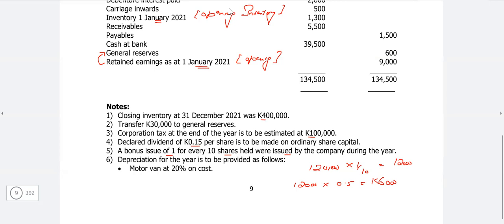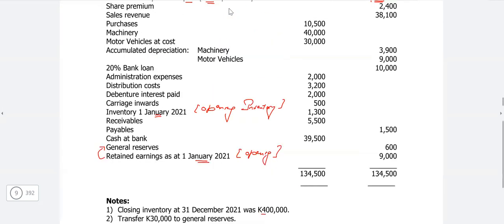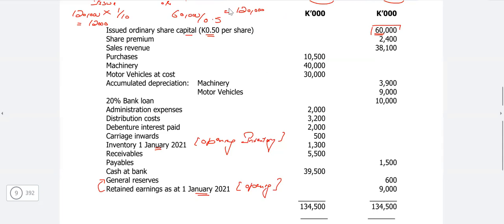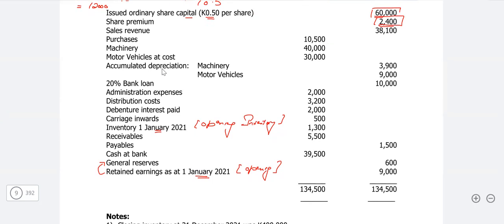We know that the issuance of the bonus issue is done from the share premium balance. But the share premium balance is not enough for the issuance of the bonus issue. In that case, we take the remaining balance to the retained earnings. So we deduct 2,400 from the share premium account, and the rest is done from the retained earnings balance.